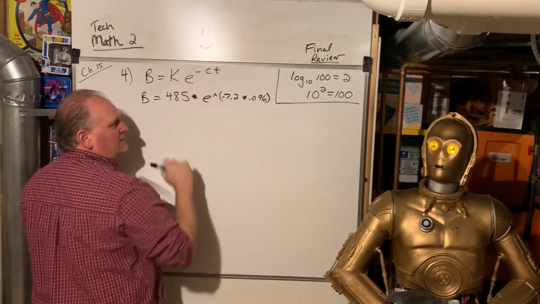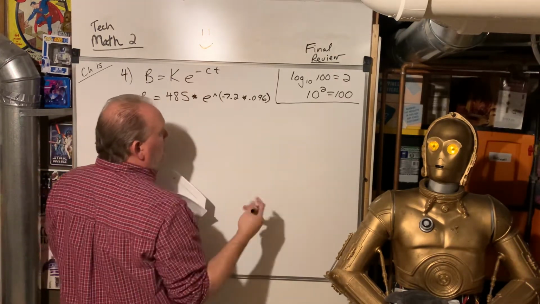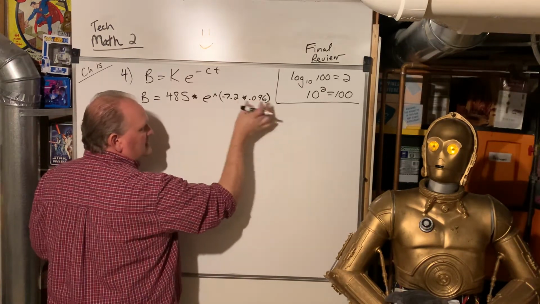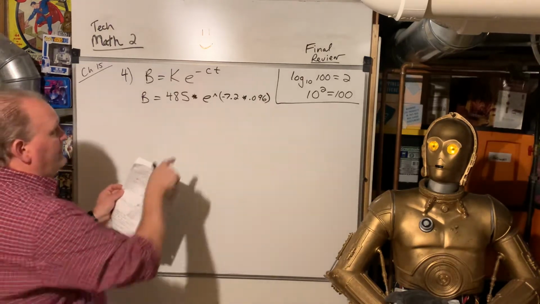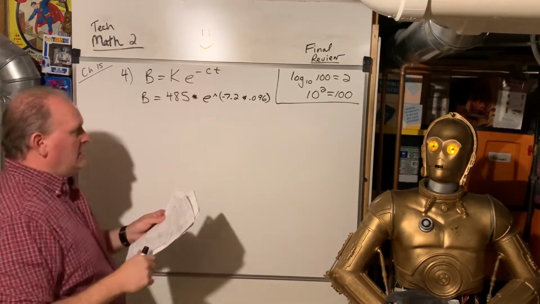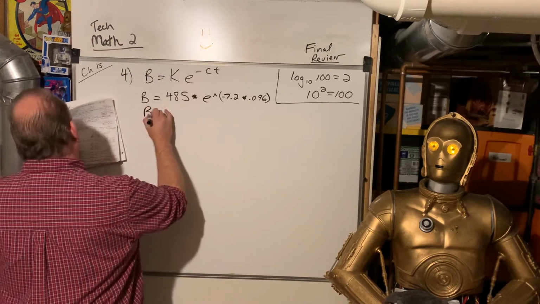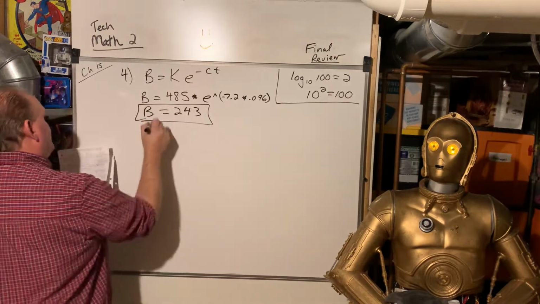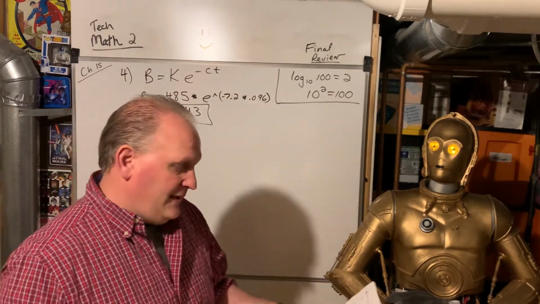So it's easier just to put it there, negative 7.2 times 0.096. Or if you already typed 7.2, then just do times negative 0.096, just so the power ends up negative, because they've got a little negative right there. All right, and then you just hit enter and round to a whole number, so that's 243.